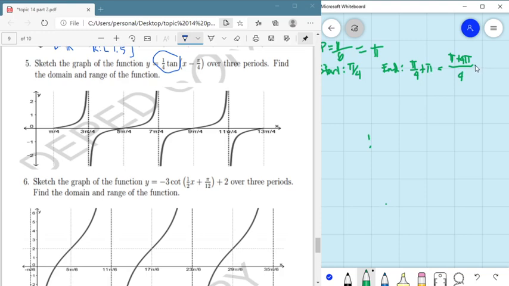So our starting point is pi over 4 and the ending point is 5 pi over 4.